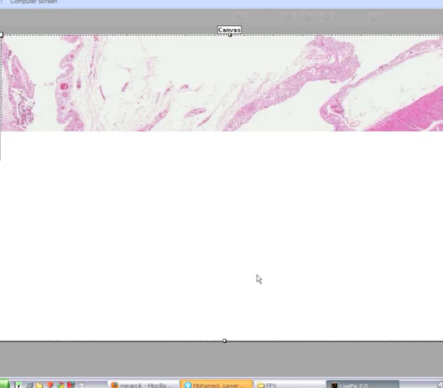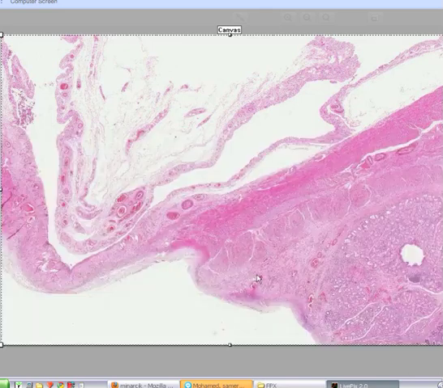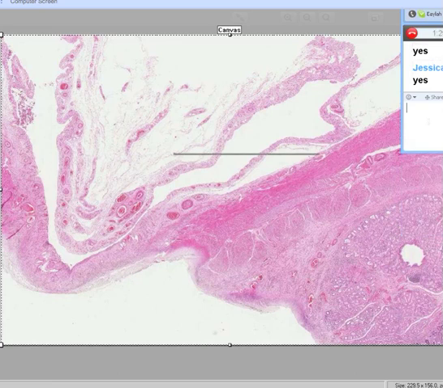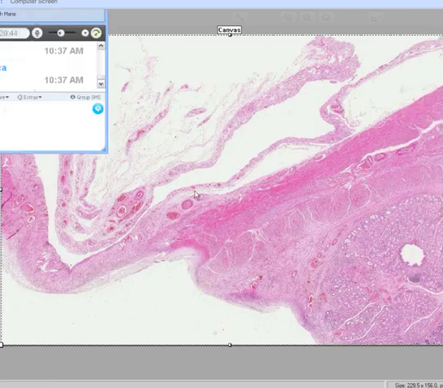Here's another nice case. It's called 080. And I think you'll agree that it's GI again. And in a few seconds, I think everybody will see it.